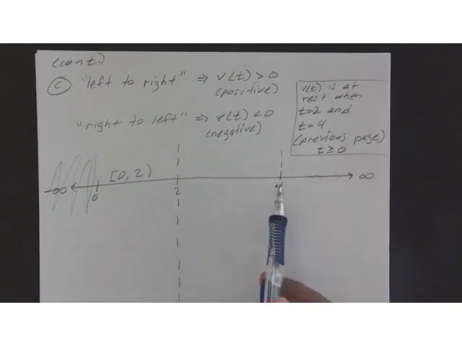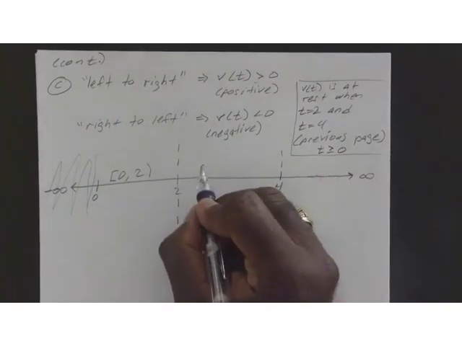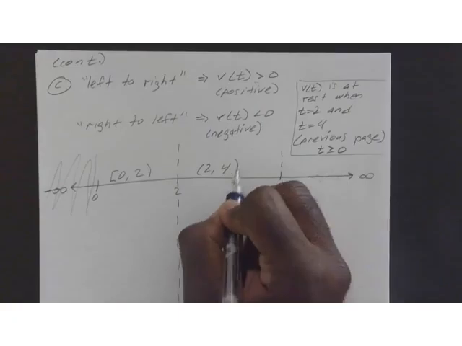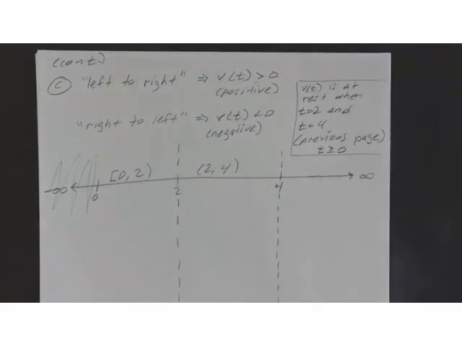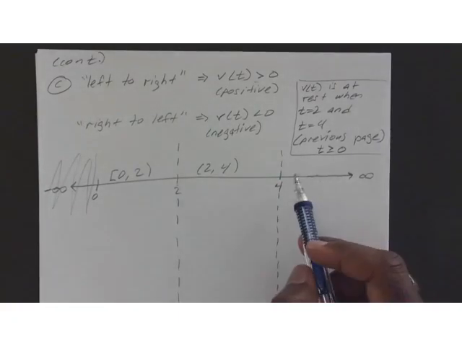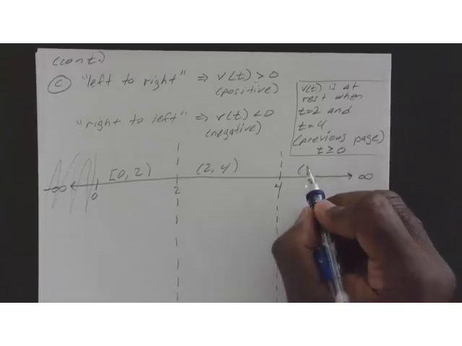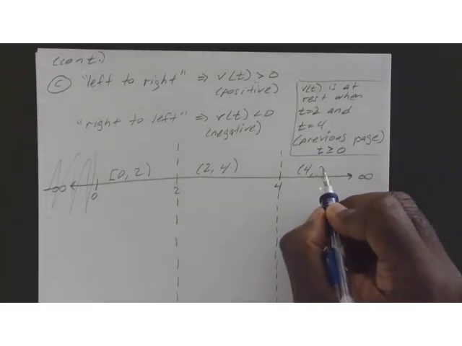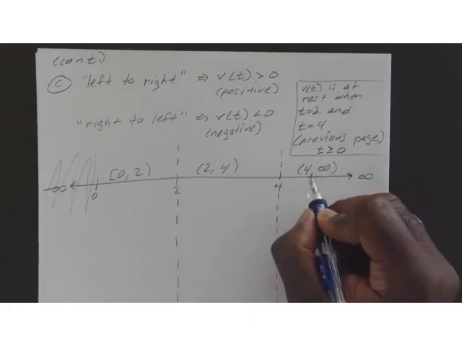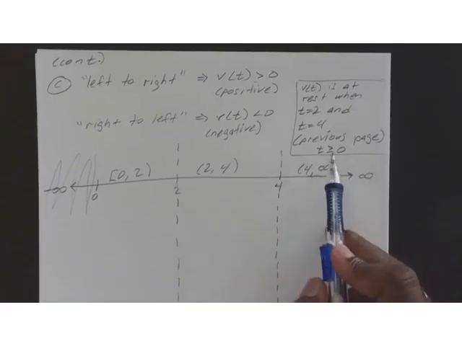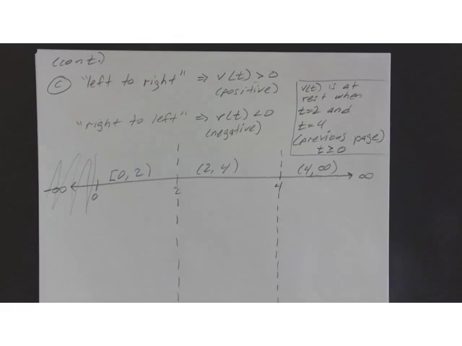Here we have the interval from 2 to 4 seconds. And here we have the interval from 4 seconds to infinity. We put infinity because it just says t is greater than or equal to 0. It doesn't really give a time limit.